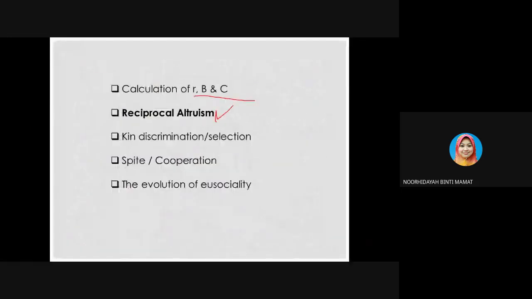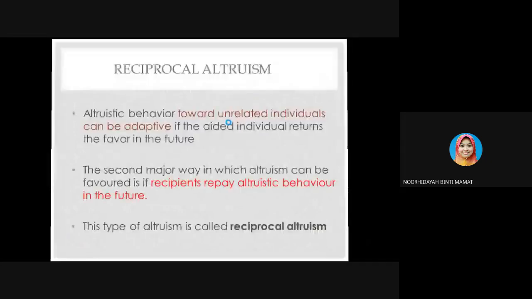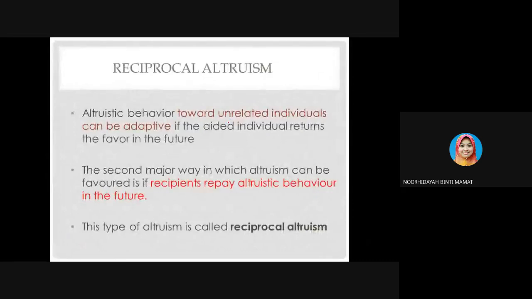So we go to reciprocal altruism. In the previous lecture, I already mentioned a little bit about reciprocal altruism. Altruistic behavior towards unrelated individuals can be adaptive if the helped individual returns the favor in the future.